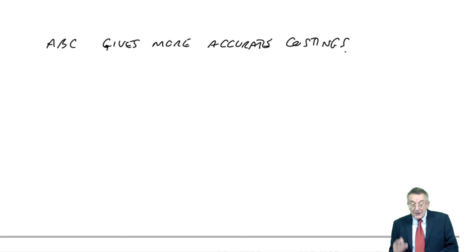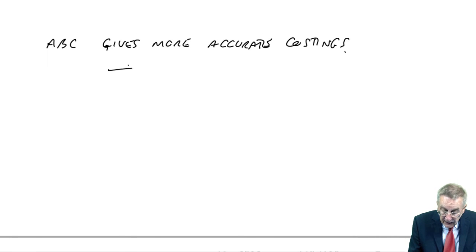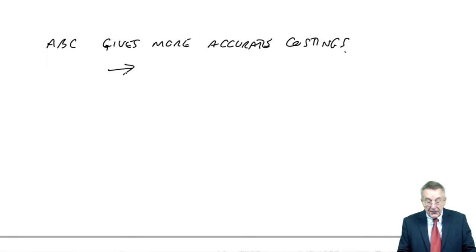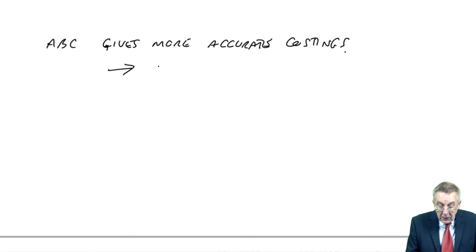The reason, though, it matters about getting more accurate costings is two things which very much go together. One reason for having the costings is to help us decide on a selling price, and so it leads to better pricing decisions.